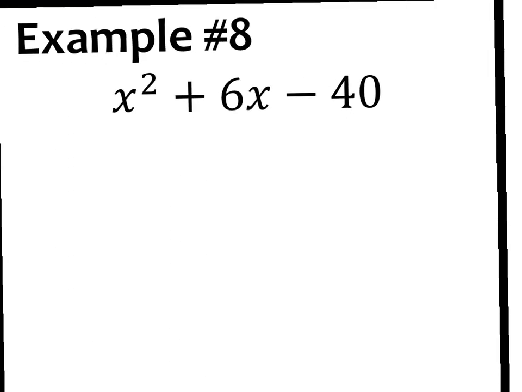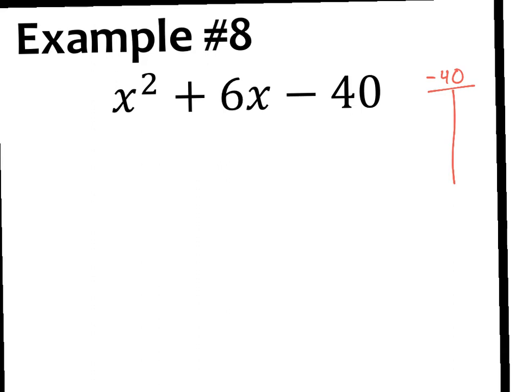Because A times C is negative 40, so we can just find the factors of negative 40, and we're looking for the factors that sum to 6, okay? Sometimes, especially when the number gets bigger, like negative 40, we can't rattle off all the factors right away. It's good to do division, and we can even do that in our calculator, okay?